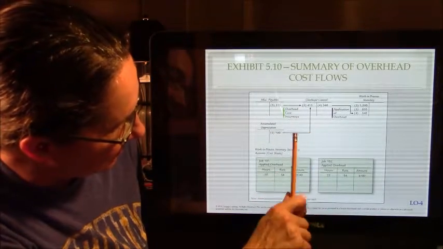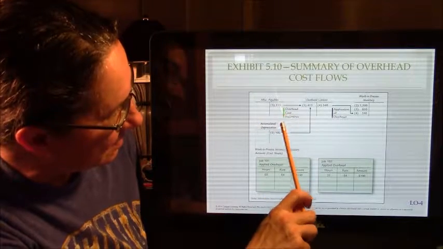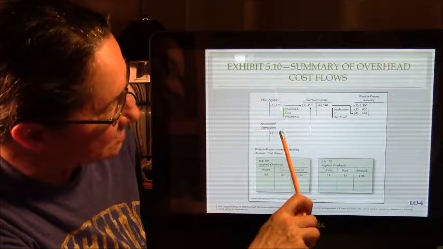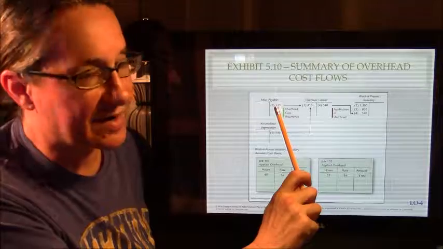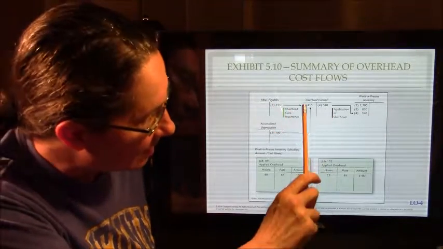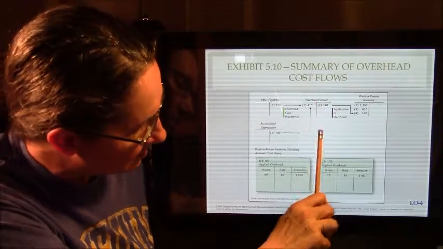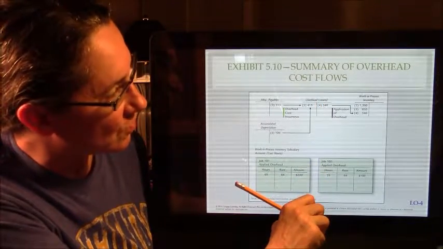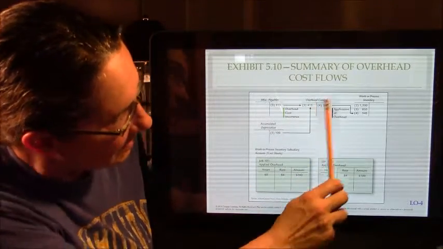Something happens, we have depreciation. We have some kind of miscellaneous thing that we bought and we have a payable. All those overheads go into overhead control. All right.